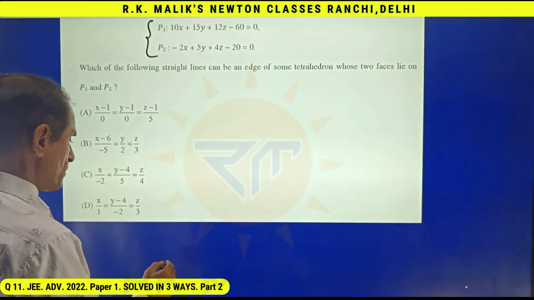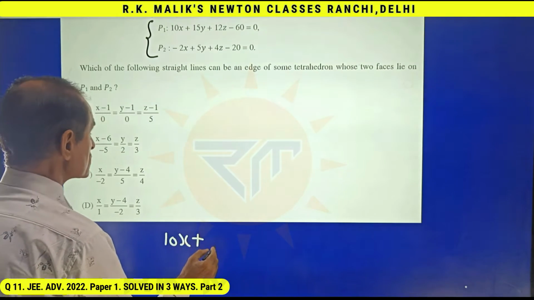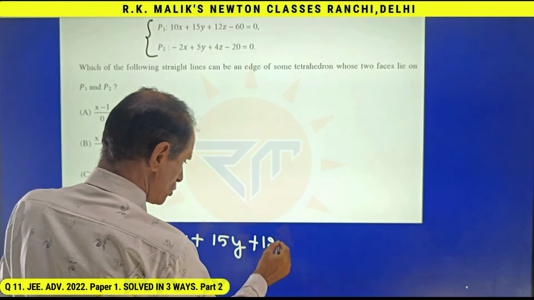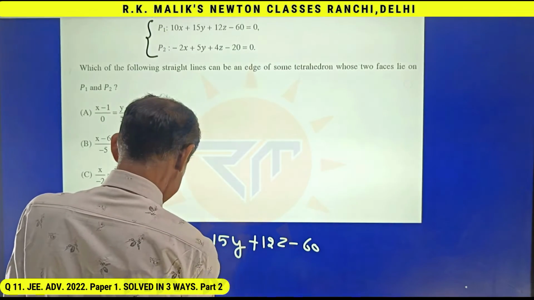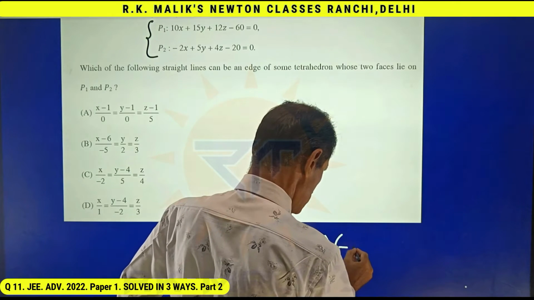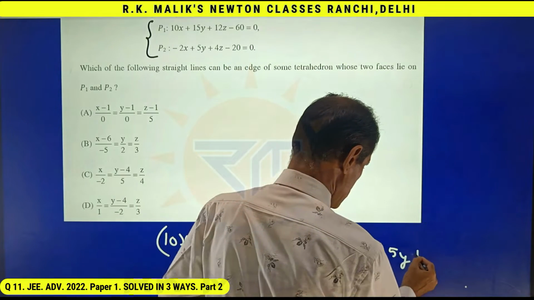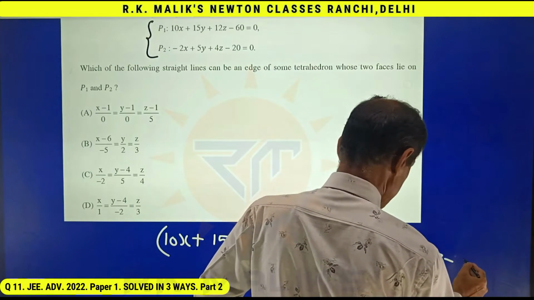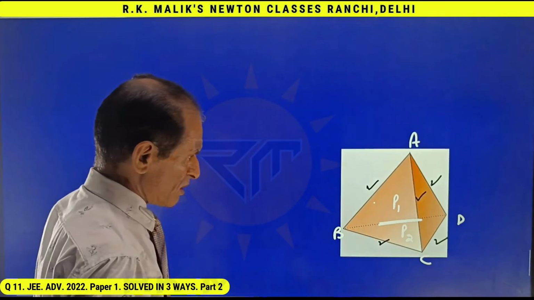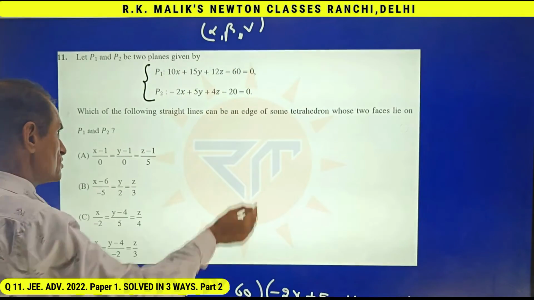The combined equation of the planes P1 and P2 will be (10x + 15y + 12z - 60) into (-2x - ...) equal to 0. Because for any point on the plane P1, this will be 0.